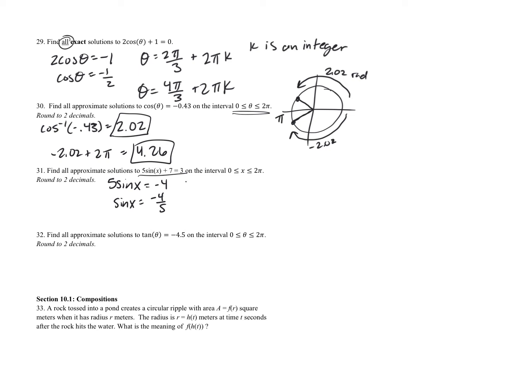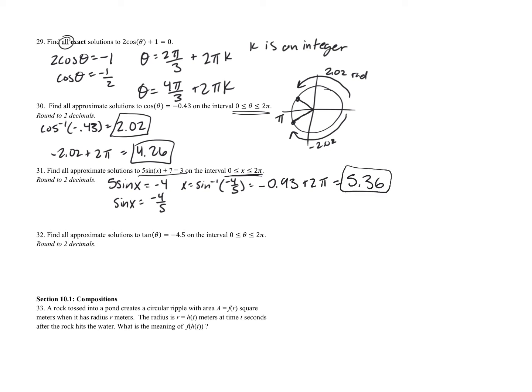And so our x is going to be equal to arc sine of negative 4/5, which is negative 0.93, but remember we want to be within this interval, so we're going to add 2 pi to that, and that's going to give us 5.36. All right, so that's going to be one of our answers.